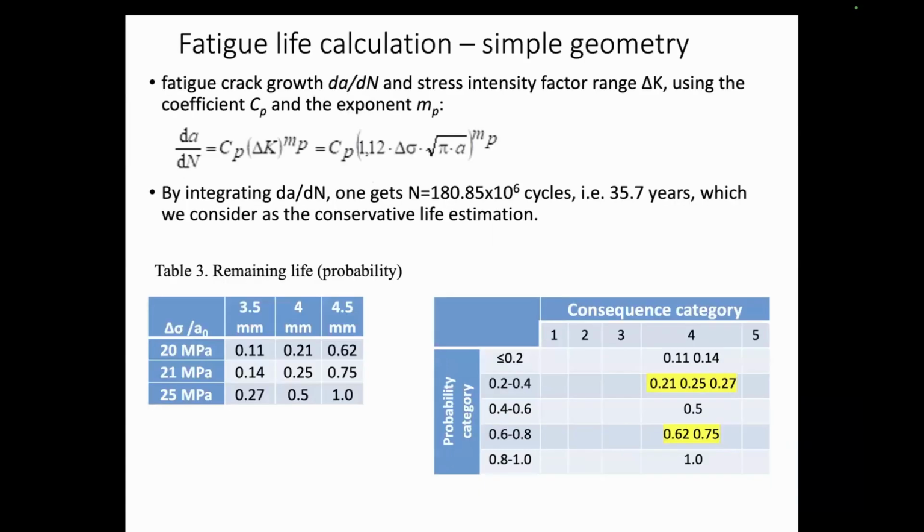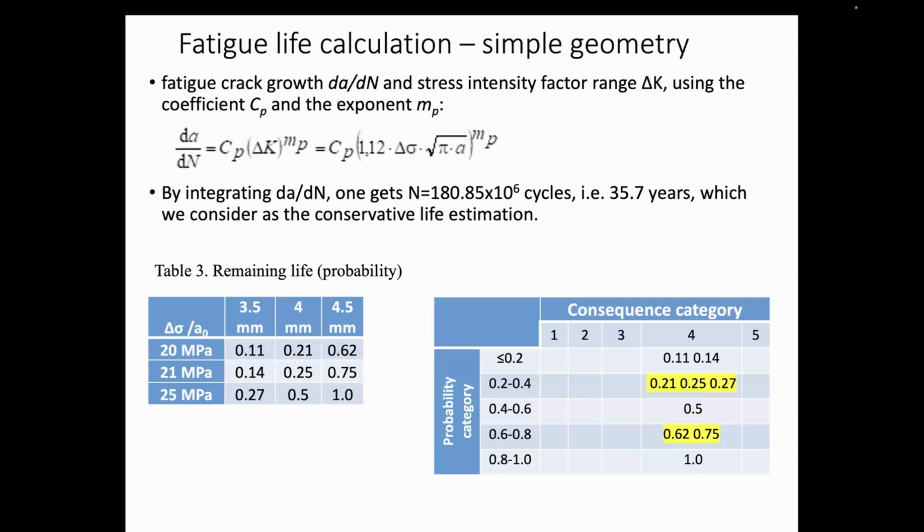Okay, that simple way of doing things in this case was also possible for fatigue, because these pipes really work under amplitude loading. Geometry is simple enough. Once you can find an analytical solution for the stress intensity factor, you don't need anything else.